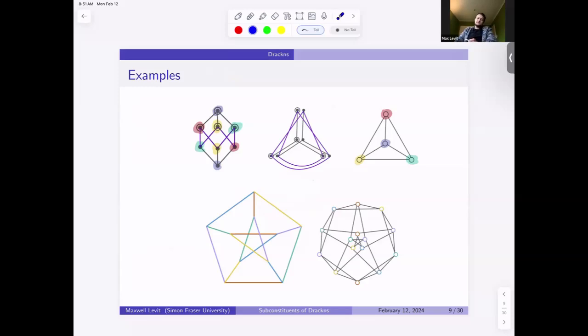So here are some examples of Drackns that I haven't mentioned yet. I also mentioned before the icosahedron covering K6. Here's the cube covering K4. It's drawn in a way where you see there's the cube, and I've colored the vertices according to this projection.